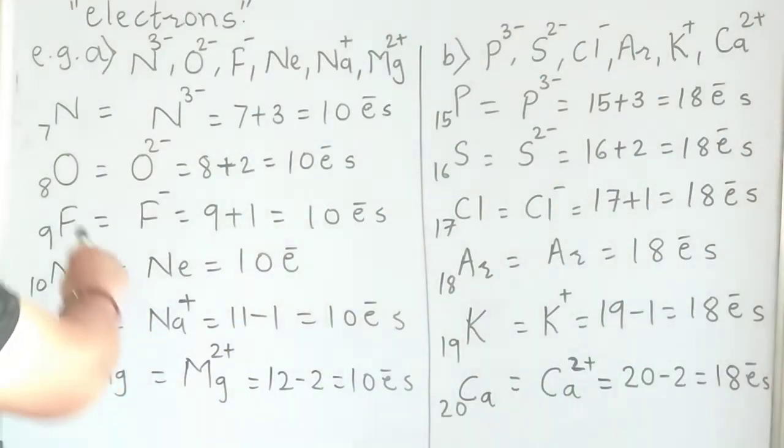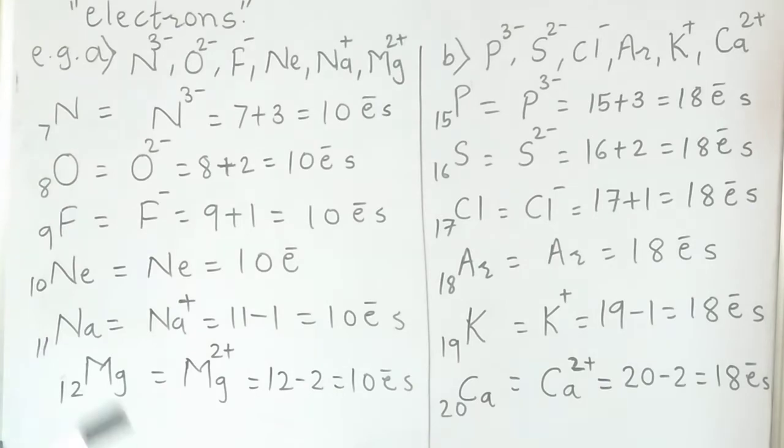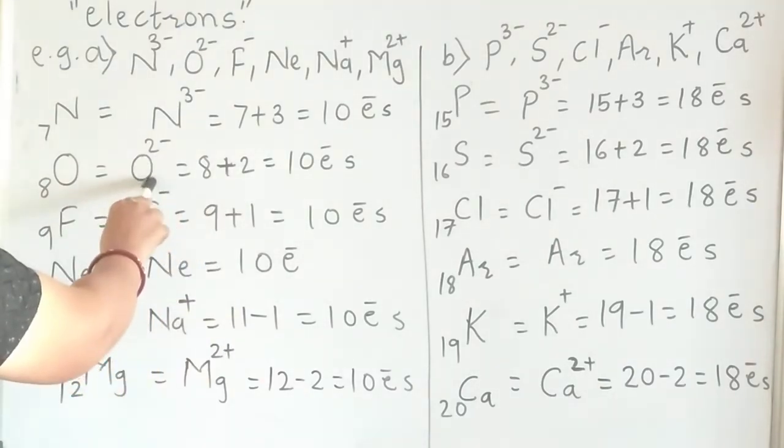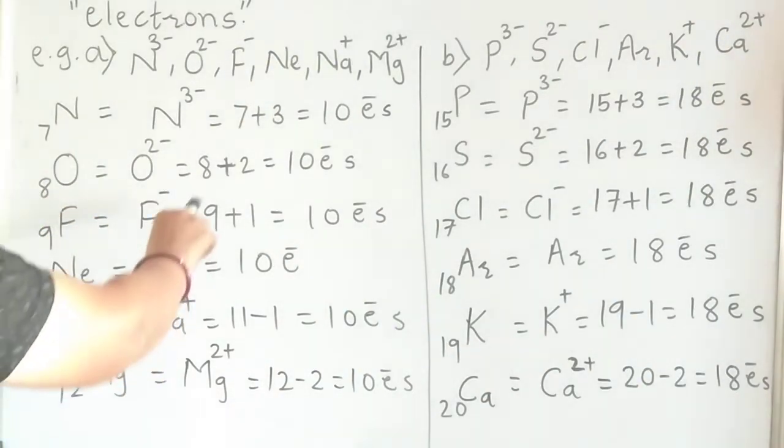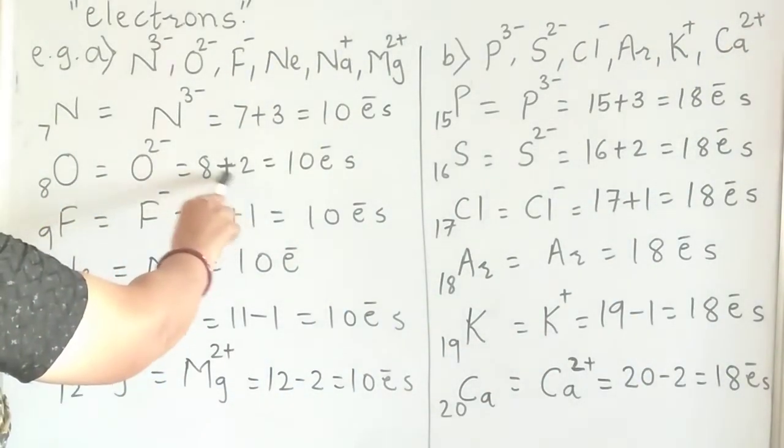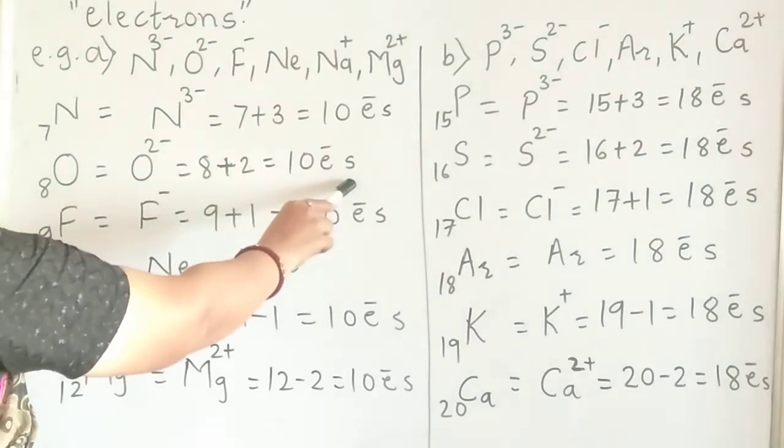Same way, the oxygen atom with atomic number 8 contains 8 electrons, but when it is converted into the oxide anion, it gains 2 more electrons. So 8 plus 2 is equal to 10 electrons.